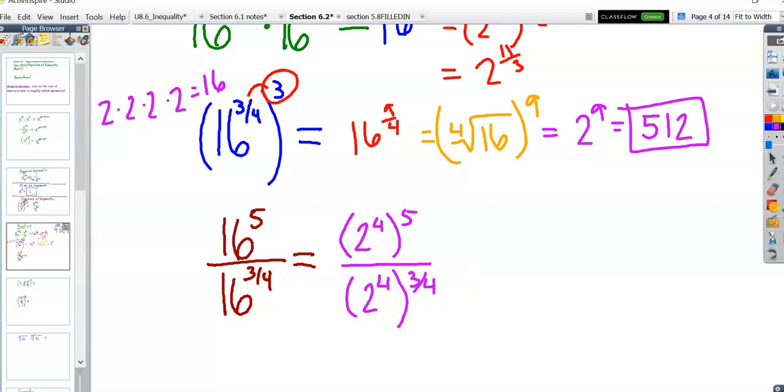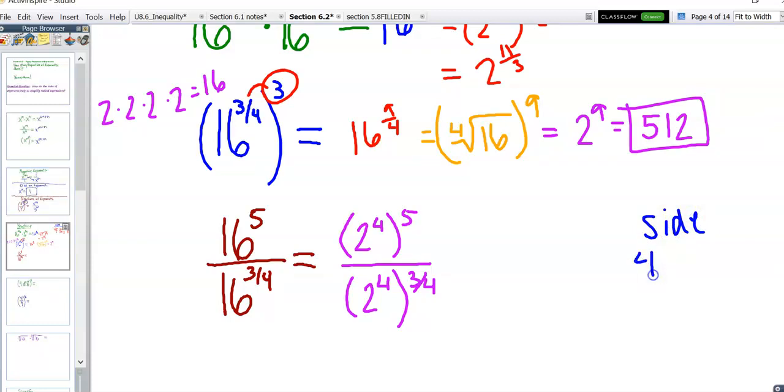And then the reason for that, I'll do a little bit more side work. If I take 4 times 3/4, or 4 over 1 times 3/4, your 4's cancel. And then this becomes 2 to the 3rd for the denominator. And in the numerator, we're taking a power to a power, so you would just multiply.